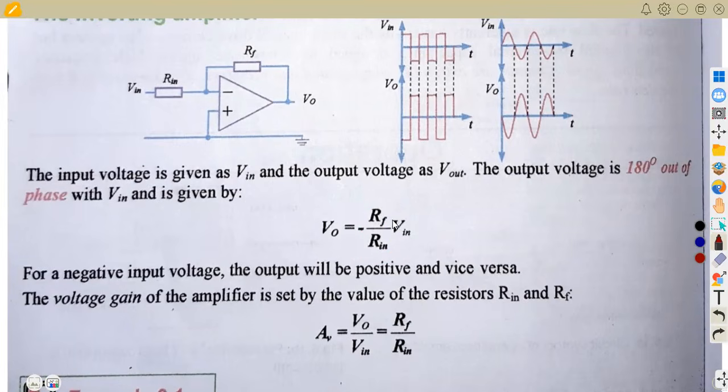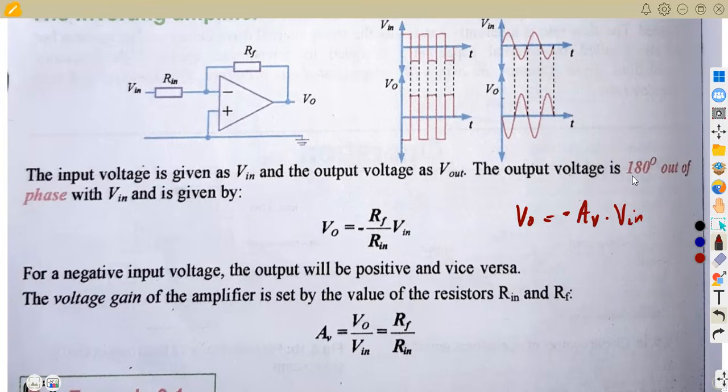RF over R in is simply the voltage gain, so we are multiplying the voltage gain by the input voltage. Whenever we're talking about output, in short, it is the voltage gain times the voltage at the input. So it's going to be minus voltage gain times V in.